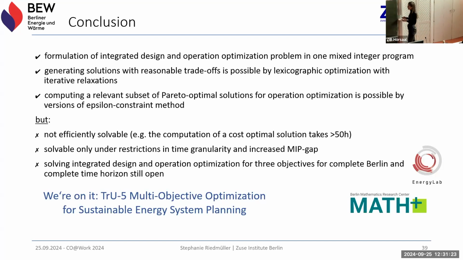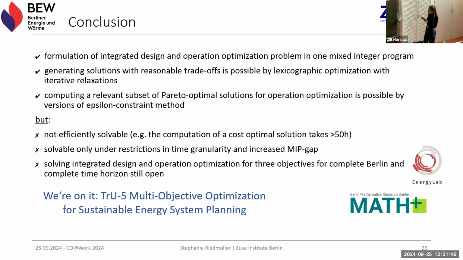But, and this is for me a big but, it's not efficiently solvable. I had one solution which took over 50 hours to generate, and you want several solutions. So I wouldn't say this is efficient. That's why I want to develop the algorithms further, so that we can accelerate this whole process.